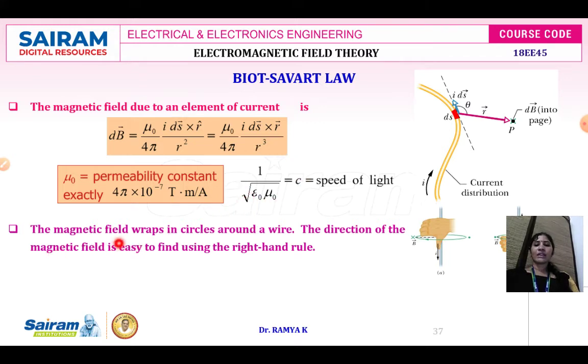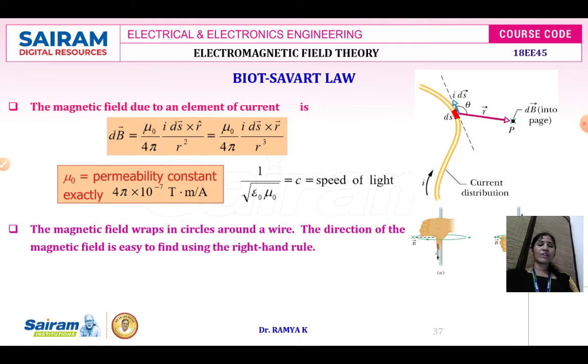The magnetic field wraps in a circle around a wire. The direction of the magnetic field is easy to find by using the right hand rule, so the direction of the field can be identified. In this diagram, this is the direction of the magnetic flux density, whereas this is the direction of the current.